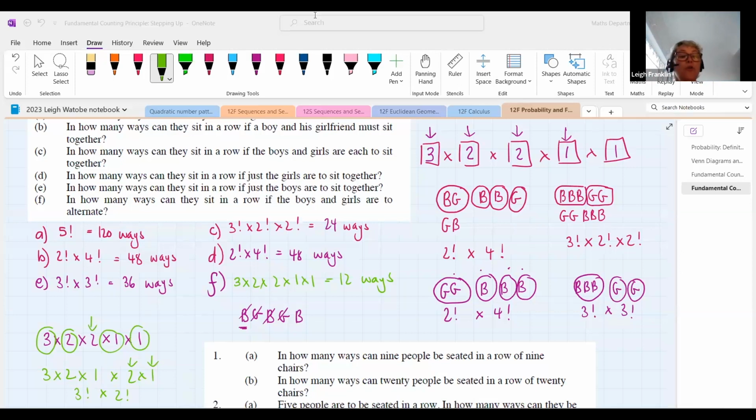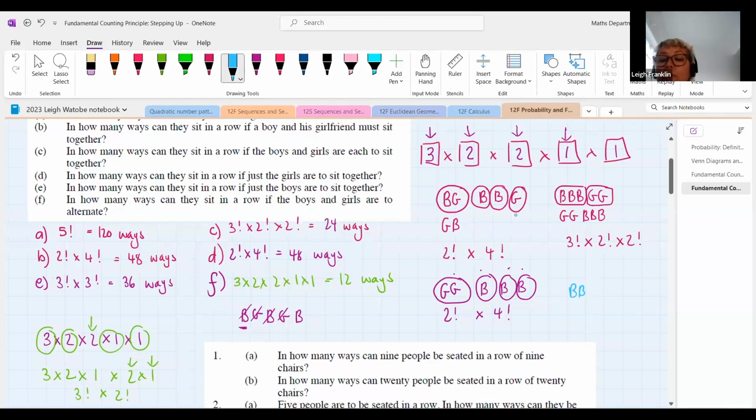So the question asked us in E, in how many ways can they sit in a row if just the boys are to sit together? So that was this one over here. Let's just get rid of that. Now the boys have to sit together, Teddy. So we've got to have boy, boy, boy, like so.